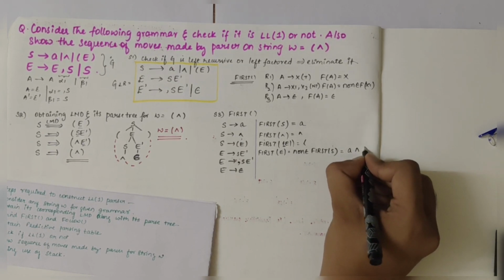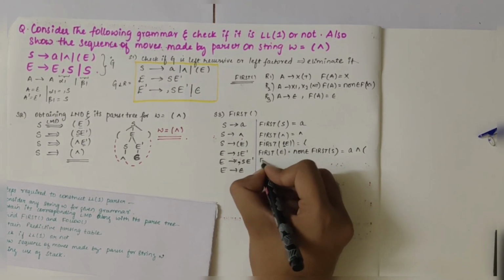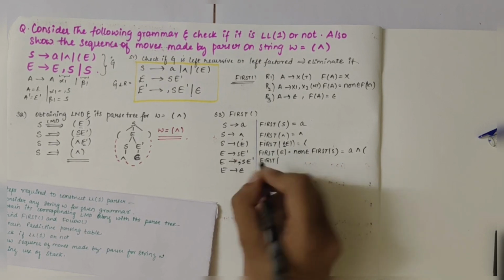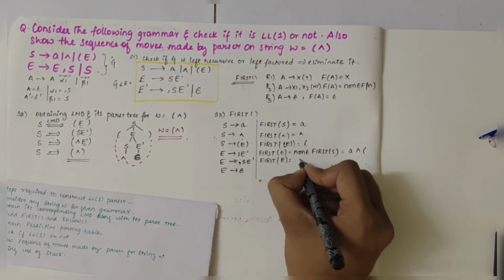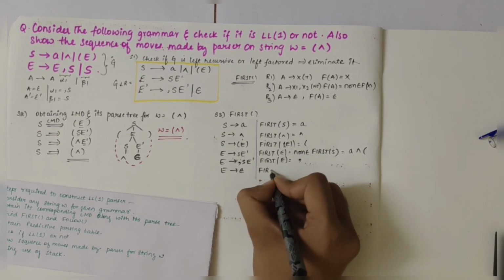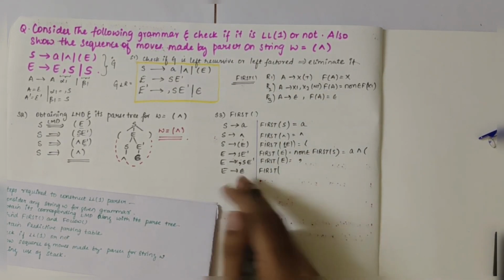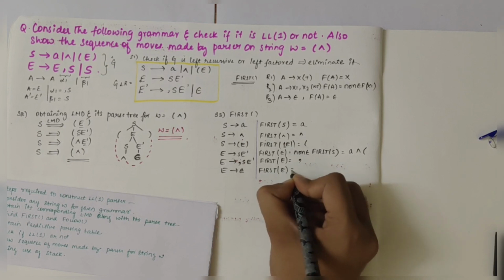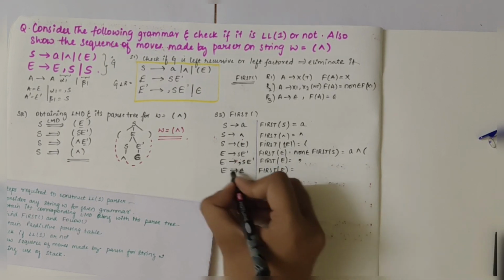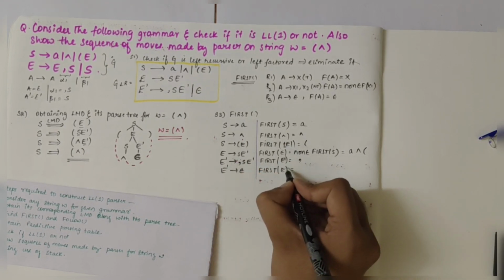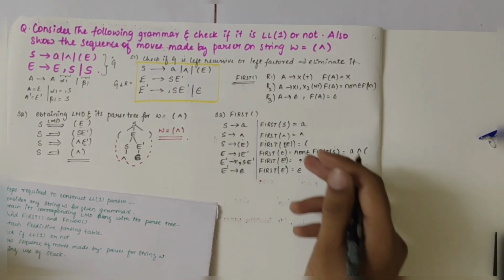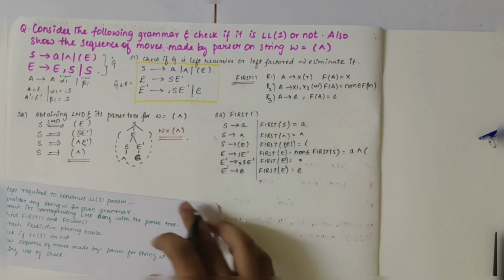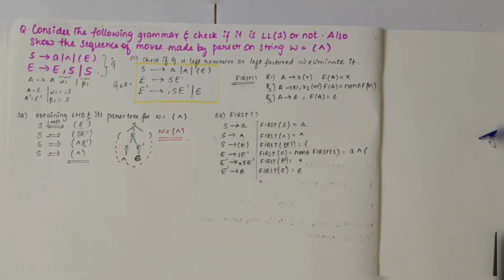Here we have comma, so first of E dash is comma itself, using the first rule, and E dash derives epsilon, so first of E dash is epsilon.